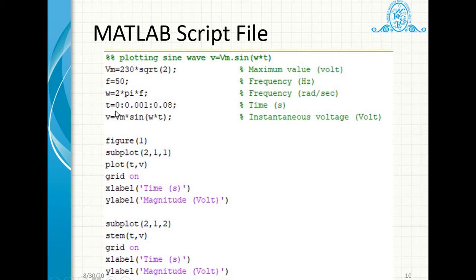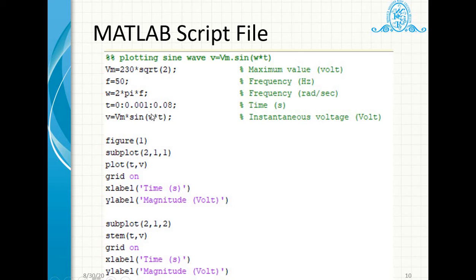The time is ranging from 0 to, although we have mentioned 3 cycles, here we have taken 4 cycles. So when I say 4 cycles, it will be 20 into 4, that is 80 milliseconds. So we have taken 4 cycles from 0 to 80 milliseconds or 0.08 seconds, and with the sampling period as 0.001, that is the time, right?